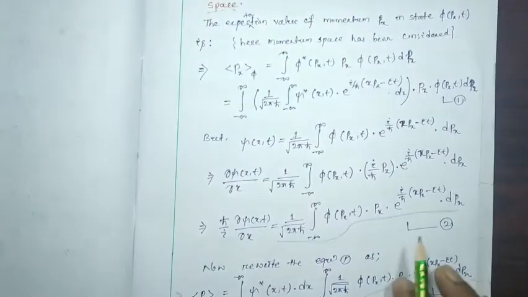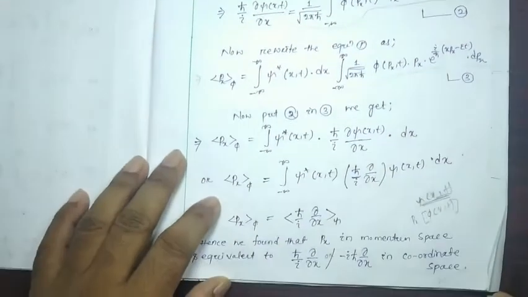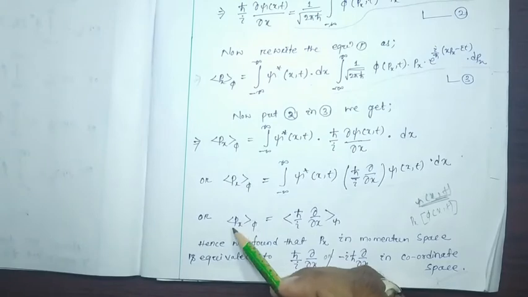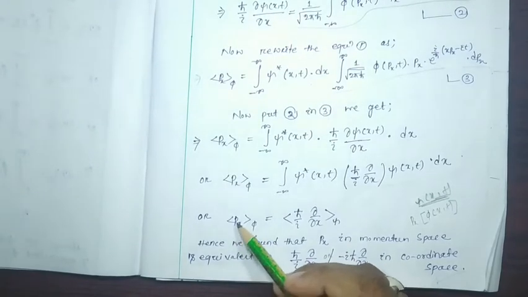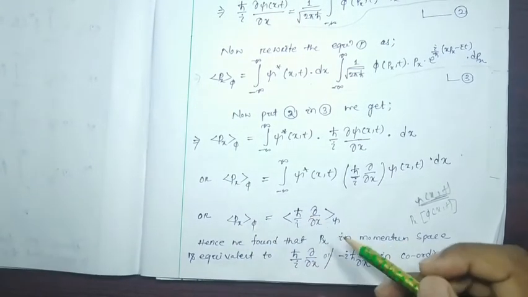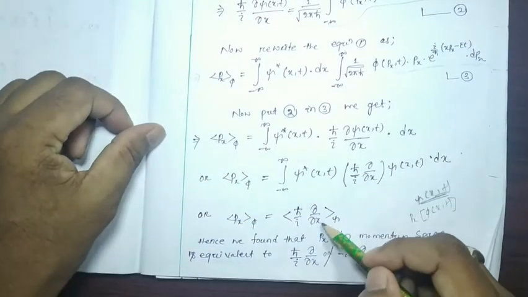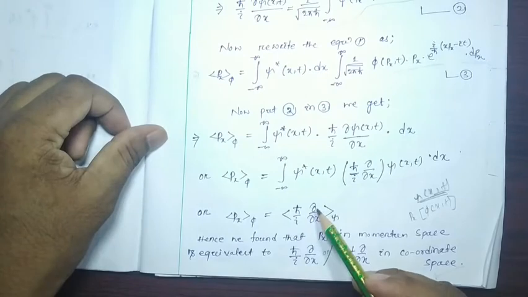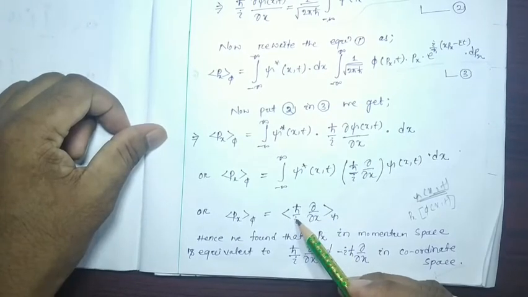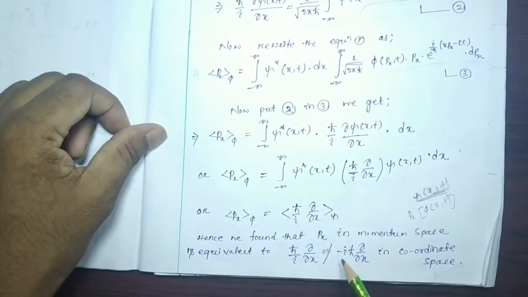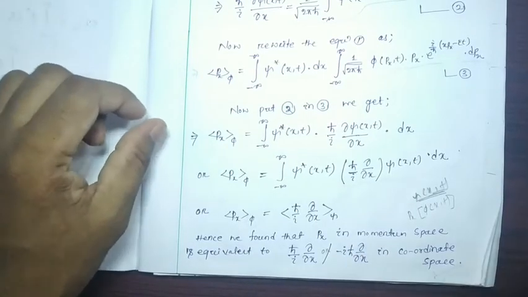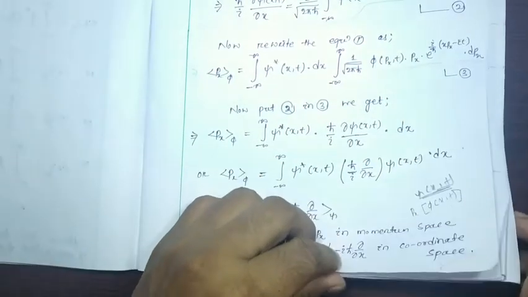Similarly, for momentum, when we derived it, we found that the momentum operator in momentum space is px. However, in coordinate space it is h cross by i del by del x, or if we take i to the numerator, then it will be minus i h cross del by del x. So up to this much we have discussed.